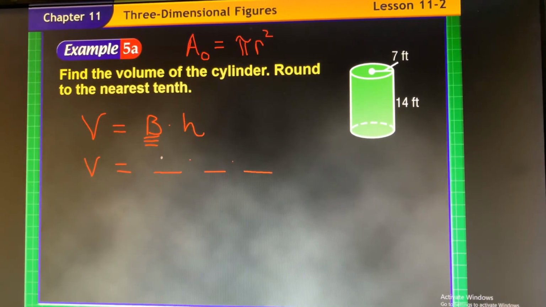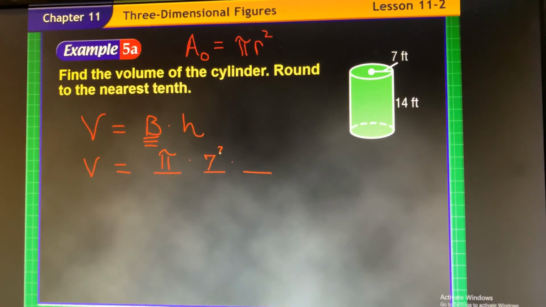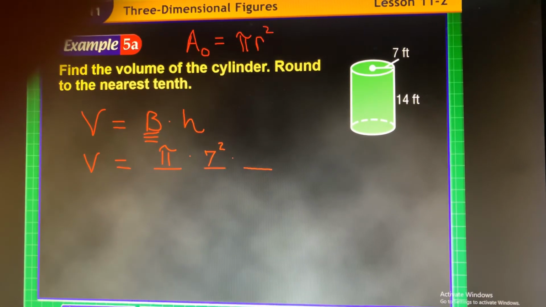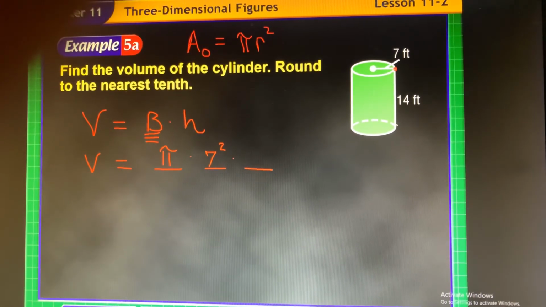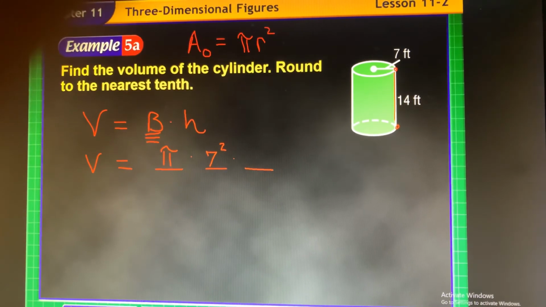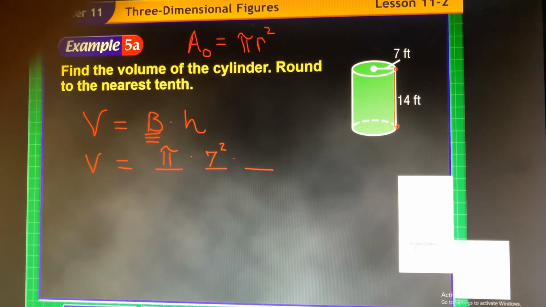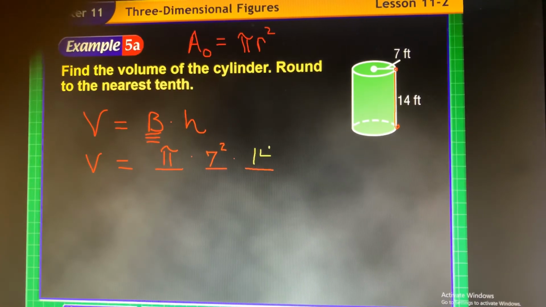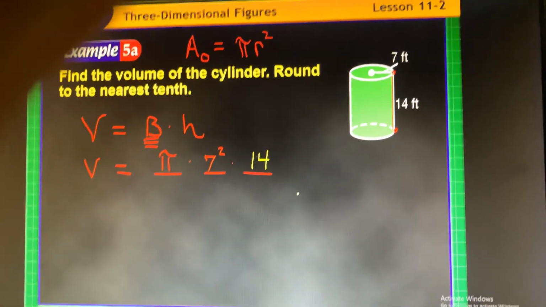So I do pi, what's my radius? Right, 7 squared. What's the height? Again, the height connects the 2 bases. So in this case, it's 14. Right there. And I'm going to take my calculator.